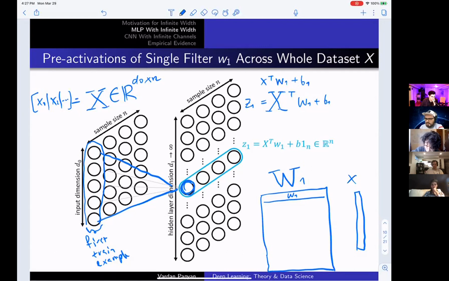And then you multiply the second training example, which is this thing, and that would give you this circle right here. And you repeat this for all your sample size, all your different examples, and you get this vector here. Does this make sense?